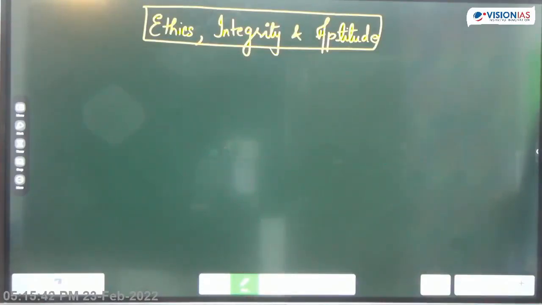What do you mean by aptitude? This is how the section is defined. This is the name of the section: GS paper 4, ethics, integrity, and aptitude. What do you mean by aptitude?